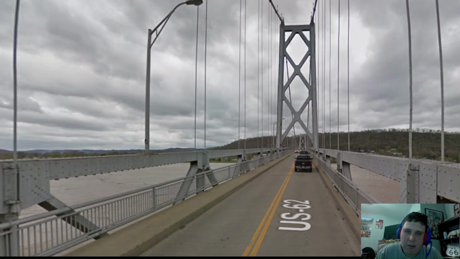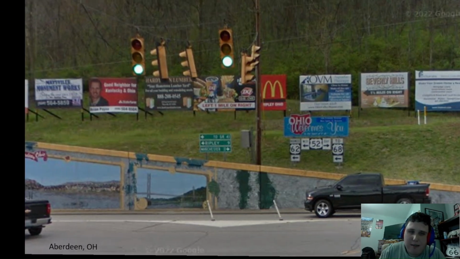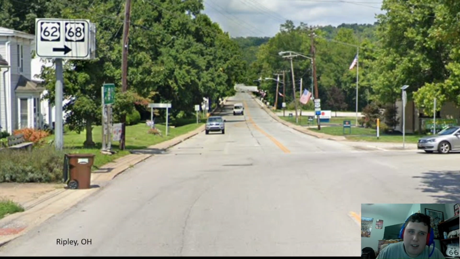And after we pass through a small town on the Ohio River, we're actually crossing over the Ohio River into the state of Ohio, and guess what highway we're meeting on the other side? US 52! Woo! 52 and 62 are going to be concurrent with each other as we head towards US 68. And here's US 62 and US 68 splitting off from US 52 to head northeast of here.